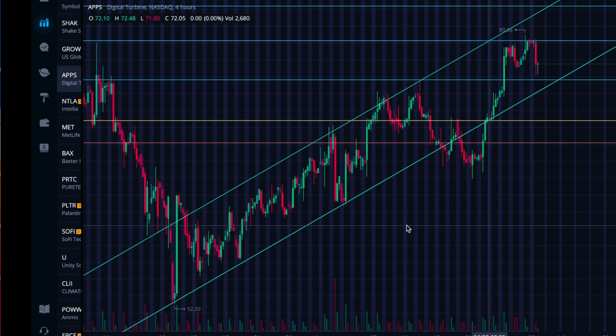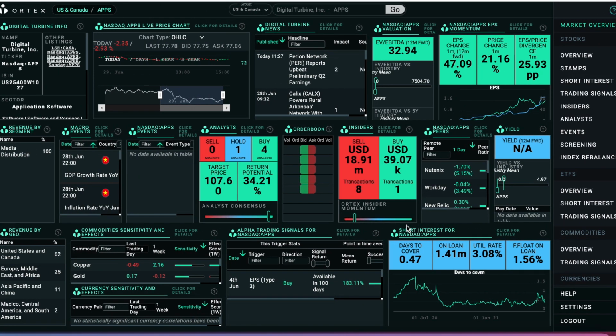Quick look at the data. This is Ortex. The big thing that stands out to me here is this analyst rating section. So 4 buys, 1 hold right now, outstanding as analyst ratings on Digital Turbine. And again, this isn't because analysts actually know where the stock is going, in my opinion.